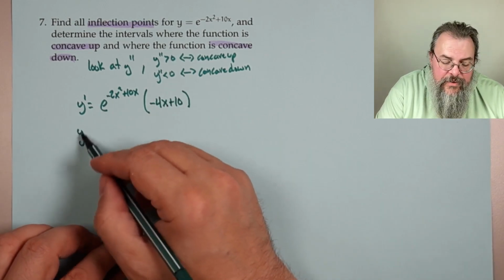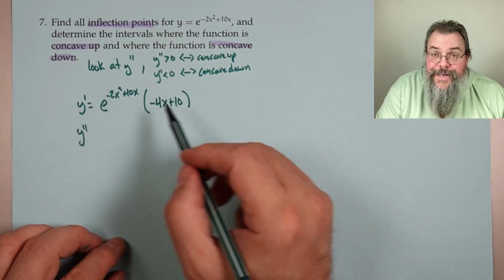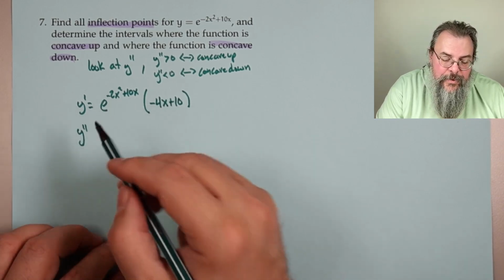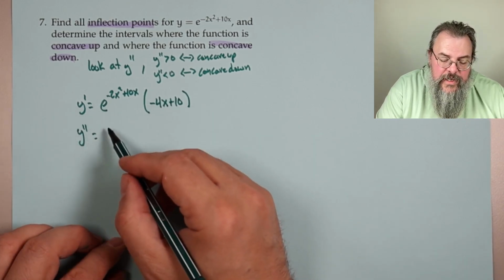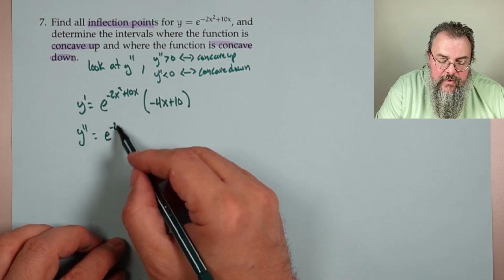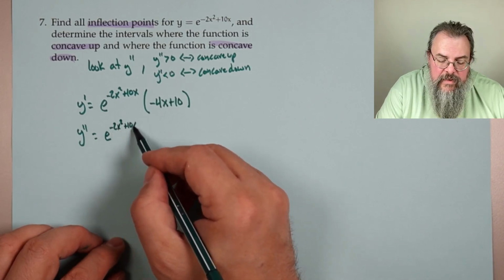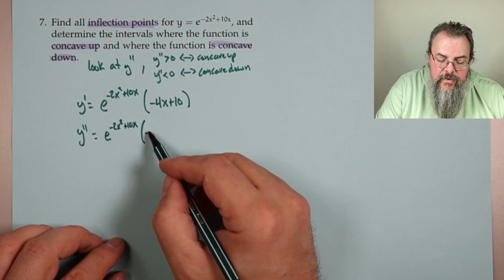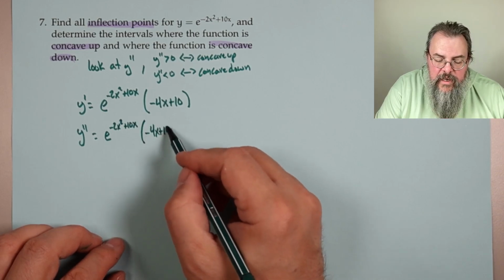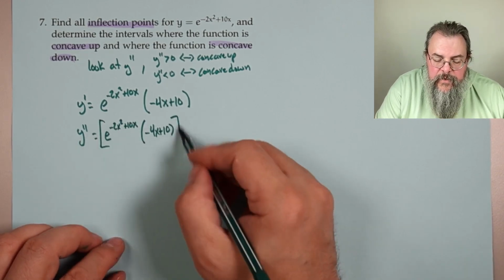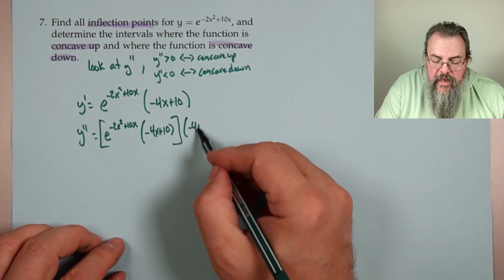So for the second derivative, product rule. So we'll start by taking the derivative of the first, and that's e to the minus 2x squared plus 10x, the exponential function, times the derivative of the upstairs. Okay, so that's the derivative of the first term times the second.